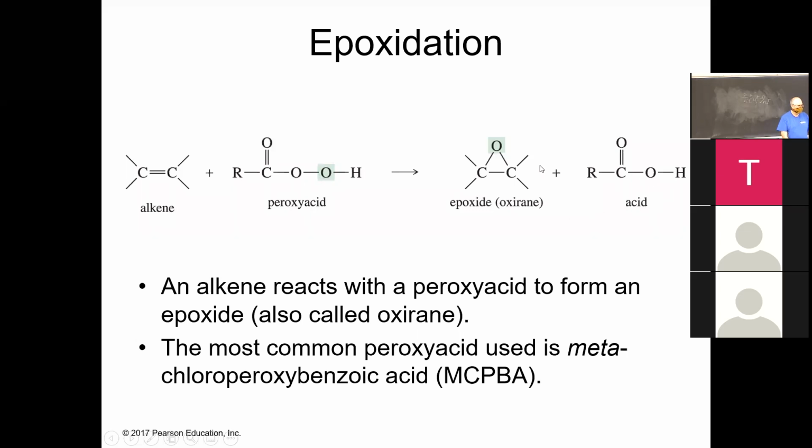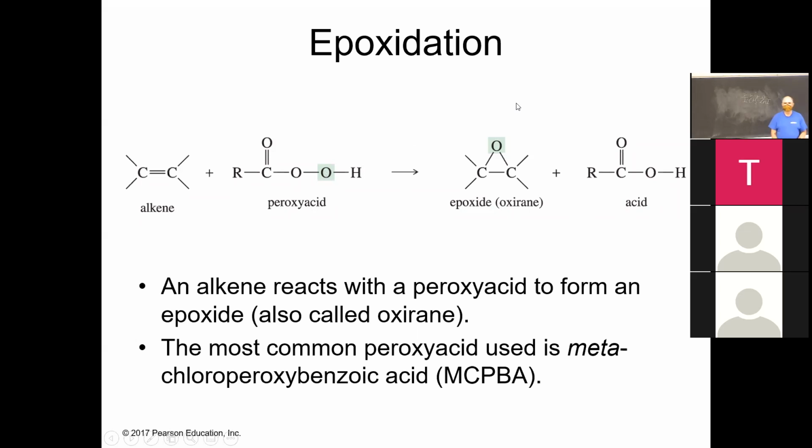And then we get the epoxide or oxirane. That's a three-membered ring with an ether group. And then we get a regular carboxylic acid as the byproduct.